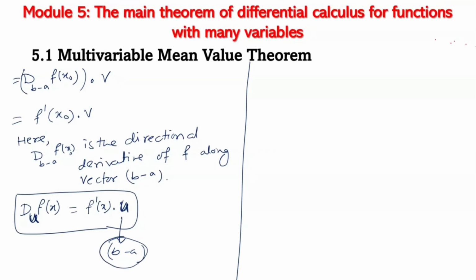So therefore, we can write it here f dash x, then we write this one as f dash x naught (b minus a) dot v.